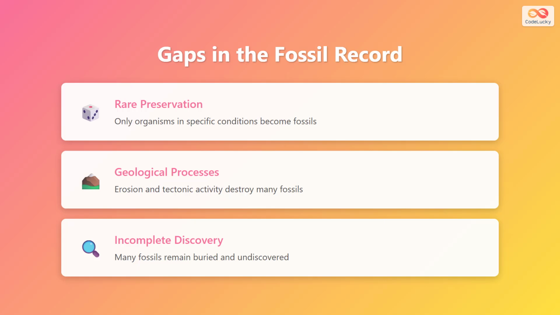Erosion, volcanic activity, and tectonic movements can destroy fossils that formed millions of years ago. Third, many fossils remain undiscovered. They're buried deep underground or in remote locations that haven't been explored by paleontologists yet. Despite these gaps, the fossil record still provides overwhelming evidence for evolution and continues to grow as new discoveries are made every year.